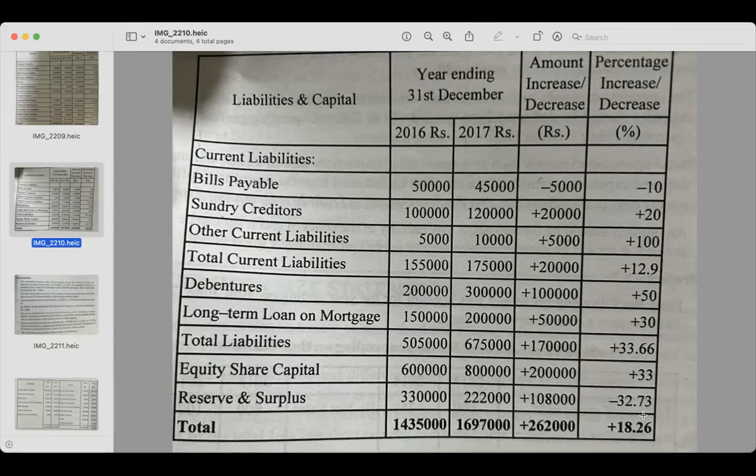You got it, right? Now, this is the case of liabilities. How the items are increasing, by absolute figures in this column, by percentage in this last column. Same thing, do it for the assets also.